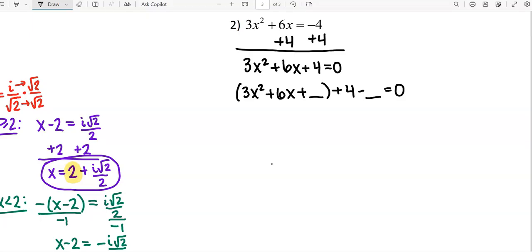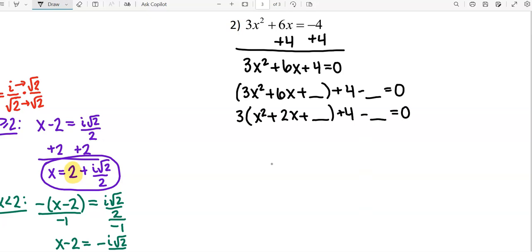If you take it out early, it's going to mess everything up. So when you're completing the square to get vertex form, make sure to push the constant out first, then take your greatest common factor. What's my greatest common factor? 3. And what will I have left when I take that 3 out? x squared plus 2x plus blank plus 4 minus blank equals 0.